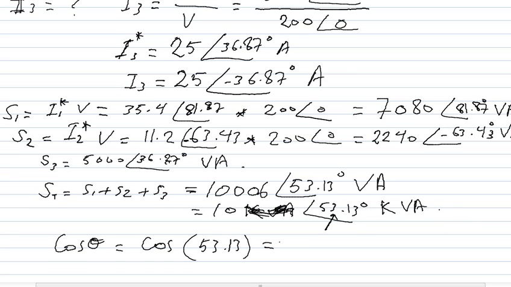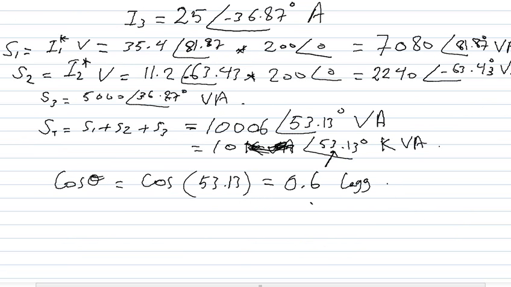The power factor of the source is 0.6 lagging, which is very poor. We have to improve it now to 0.9 lagging, which is usually done by the utility or the factory causing this low power factor.